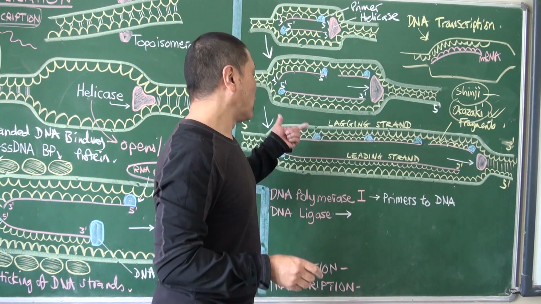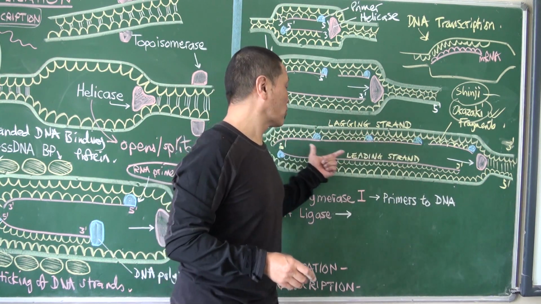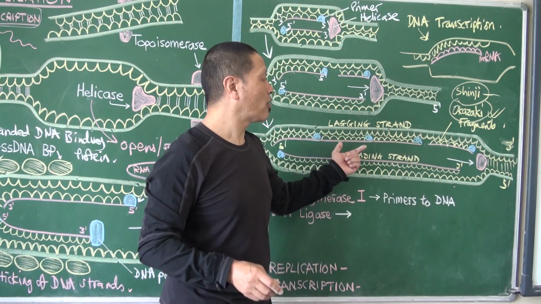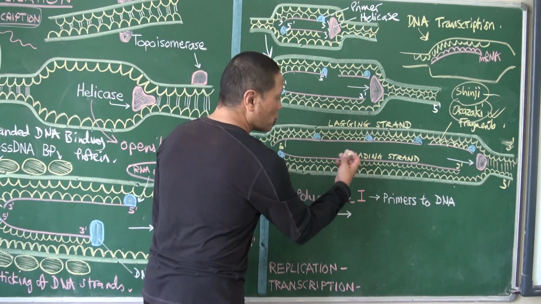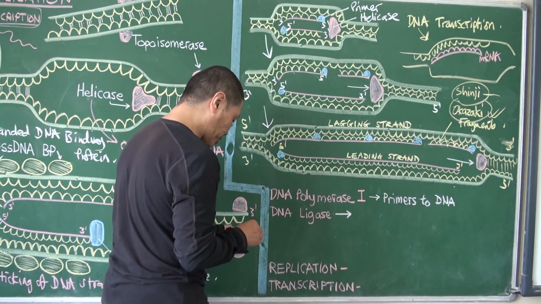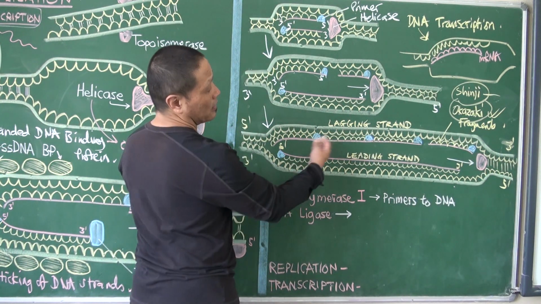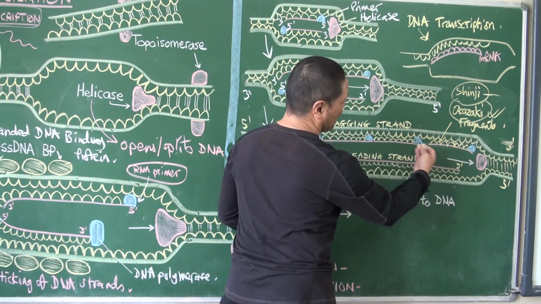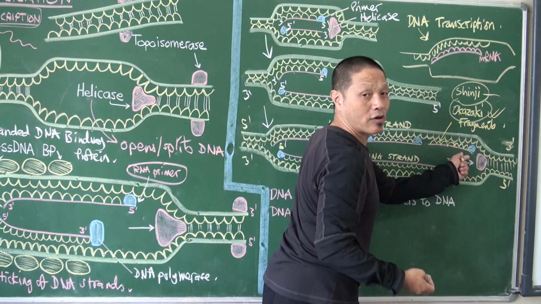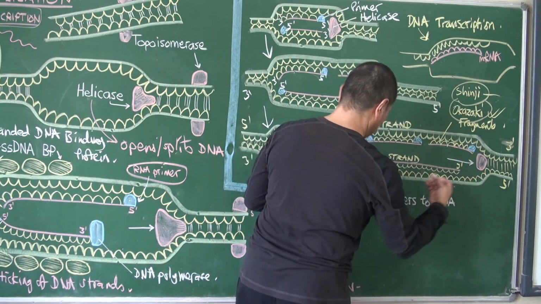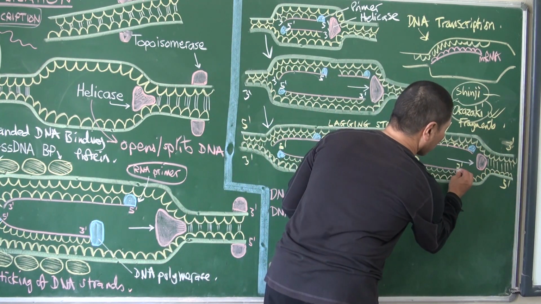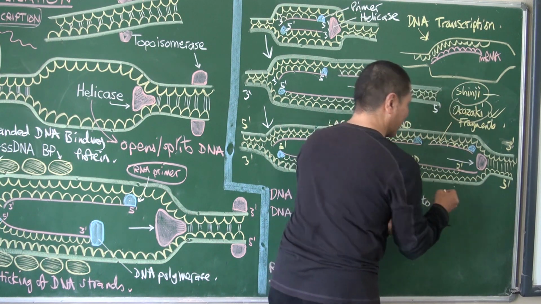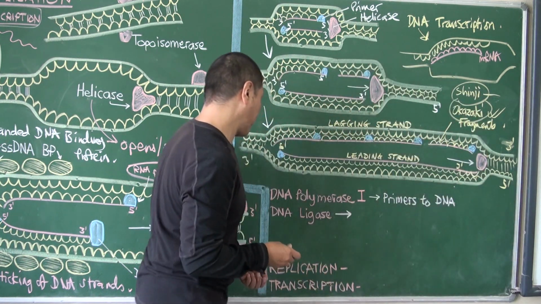It's just that on the lagging strand, the duplication of DNA occurs in fragments, and it takes a little longer as compared to the leading strand. But in my diagram, you can see that the lagging strand has copied more, which is not the case. It's the opposite one, the leading strand, which actually copies more of the DNA. That is just me.